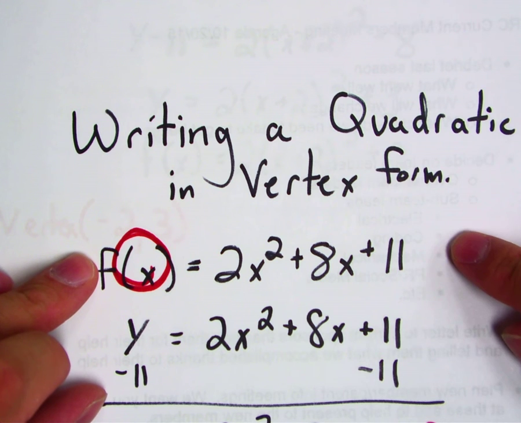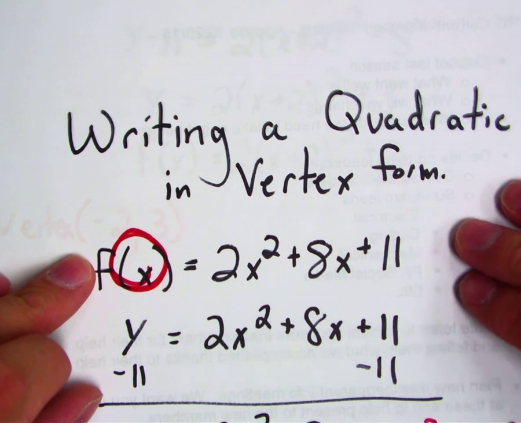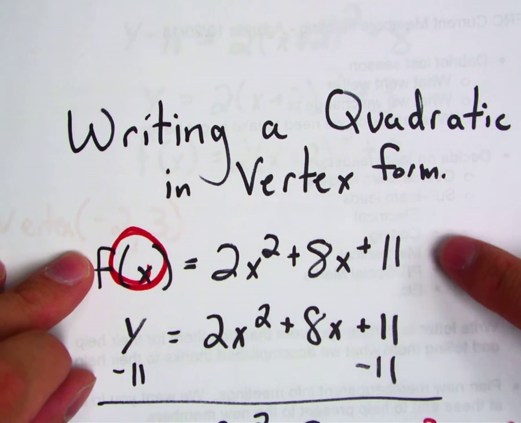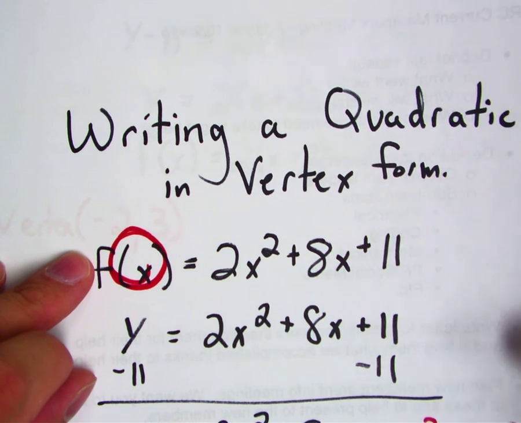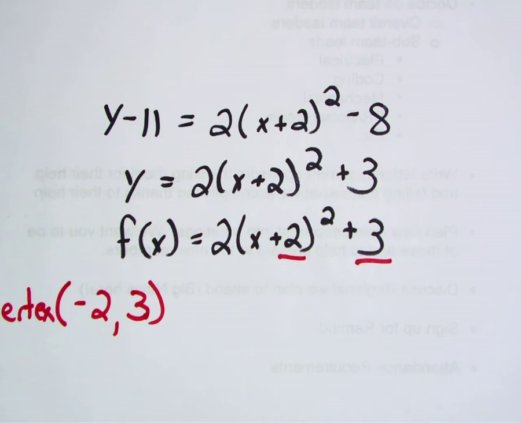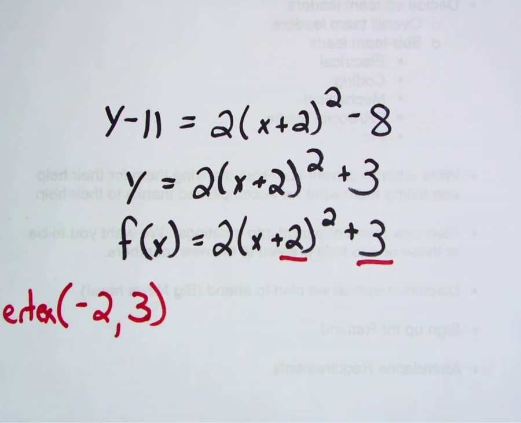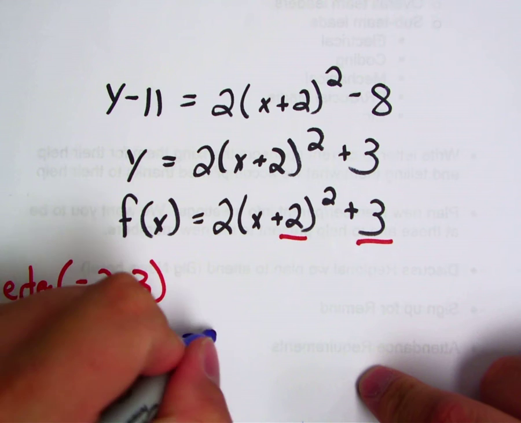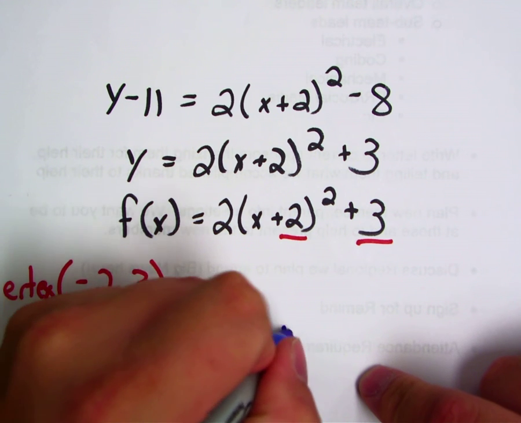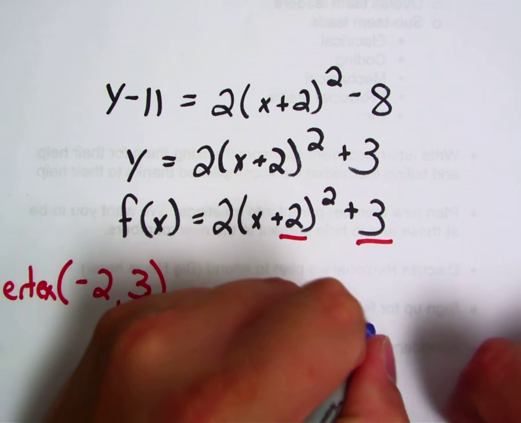I can factor it, I can complete the square, or I can use the quadratic formula. This one's not going to factor, so I'm going to have to use the quadratic formula or complete the square. But the nice thing is, we just completed the square. So if we wanted to find the zeros of an equation like this, all we'd have to do is replace that f of x with 0, and since we've already completed the square, we can just solve an equation.